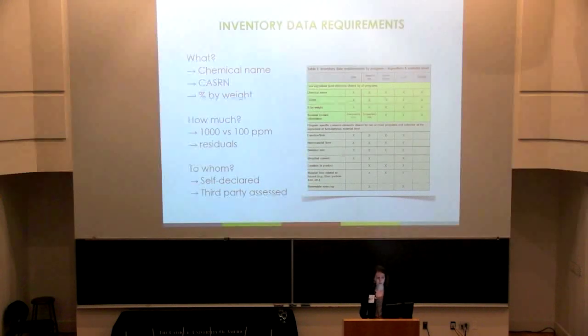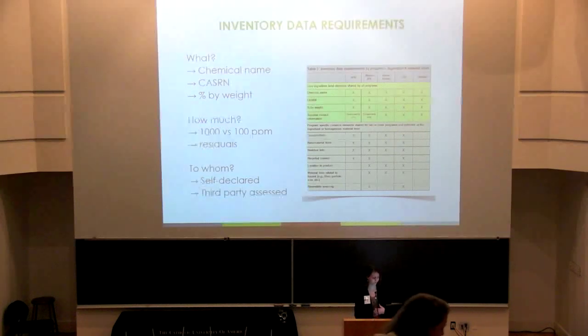When we talk about this inventory data requirement, we're looking for a comprehensive list that includes the chemical's name, the Chemical Abstracts Service registry number that Larry was talking about, how much of these ingredients, whether there are any residuals, and whether this is a self-declaration or third-party assessed.